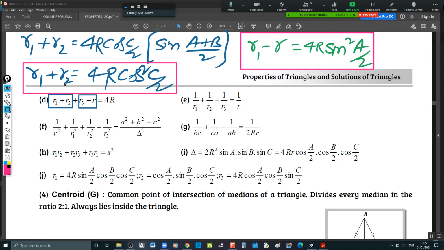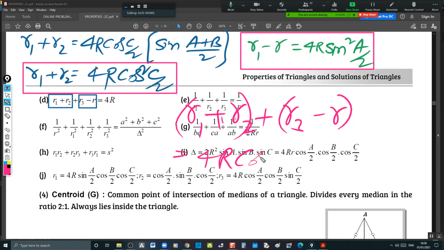So what is R1 plus R2 plus R3 minus R? R1 plus R2 is already there, 4R cos square C by 2.